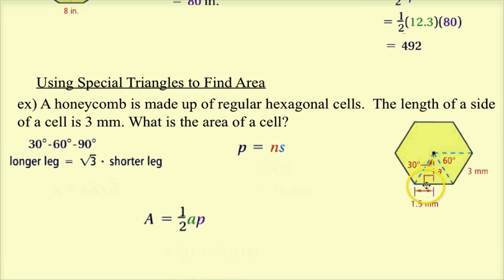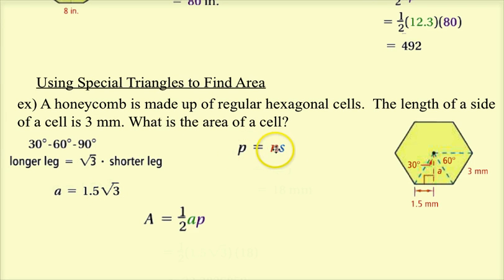Across from the 30 is 1.5, because the whole thing used to be 3. And now across from the 60, this is radical 3 times 1.5. So it's 1.5 radical 3. So that's my apothem. These are more complicated in that sometimes you have to figure out the apothem.